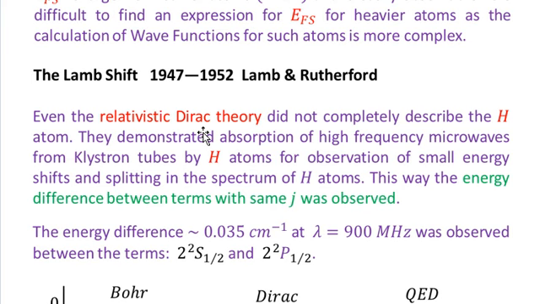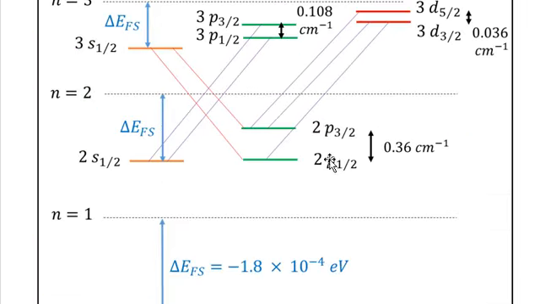Even the relativistic Dirac theory, that is the fine structure theory, did not completely describe the hydrogen atom, because in principle there is a difference between P1/2 and S1/2 states.